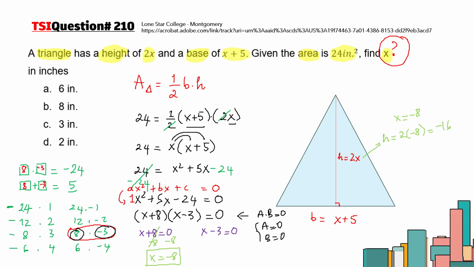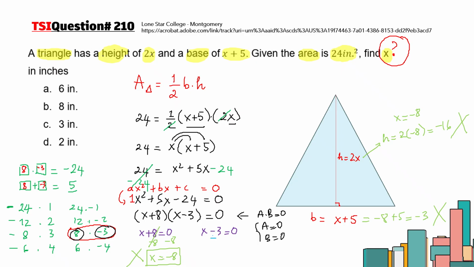You cannot have negative 16 inches as a measurement of something. The measurement of something cannot be negative. So that means it cannot be this. Or if you plug in here, you have negative 8 plus 5, that is negative 3. It cannot be.